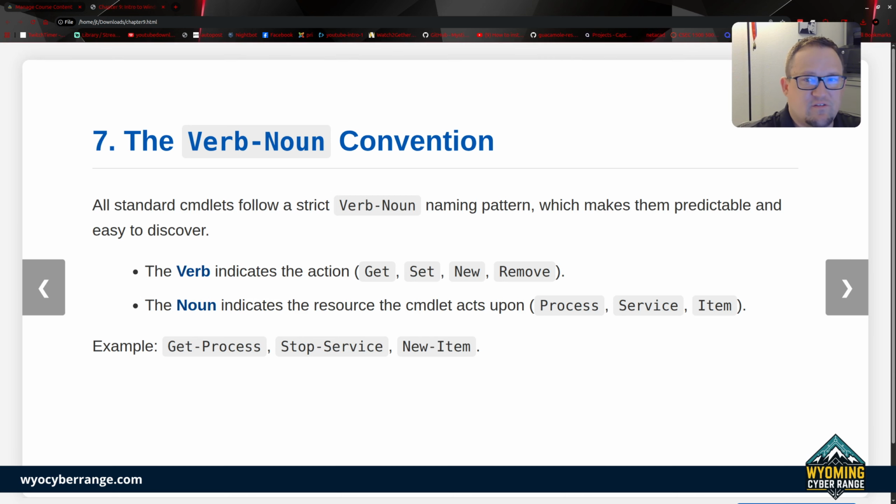So if you want to get a list of processes, what do you think the command would be? Well, in this example, we would want to get something. So Get-Process. If we wanted to stop a service, we would say Stop-Service. This makes commands incredibly predictable and easy to discover. This is definitely helpful when we're trying to learn this new language.